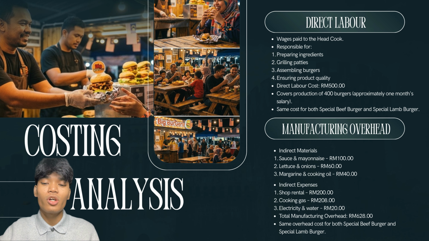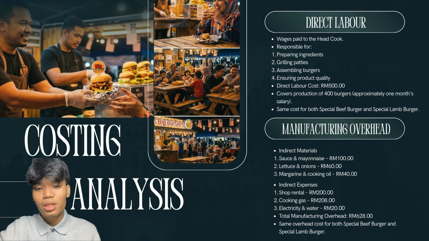Moving on to manufacturing overhead, these are indirect production costs that cannot be traced directly to a single burger. The indirect material costs include sauce and mayonnaise costing 100 Malaysian ringgits, lettuce and onions costing 60 Malaysian ringgits, and margarines and cooking oil costing 40 Malaysian ringgits.